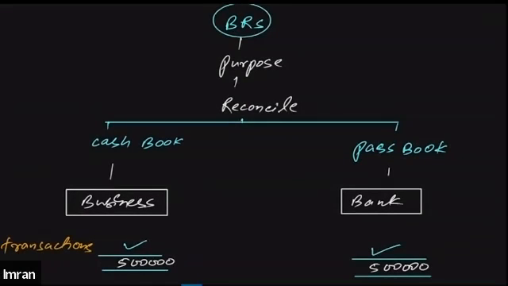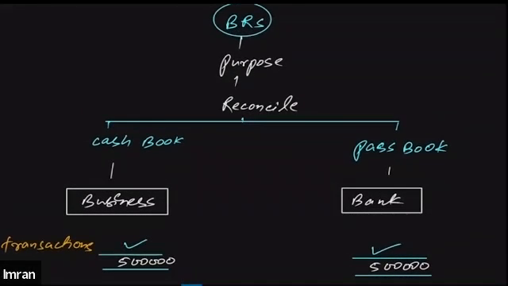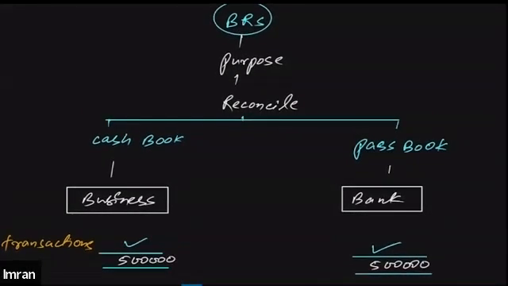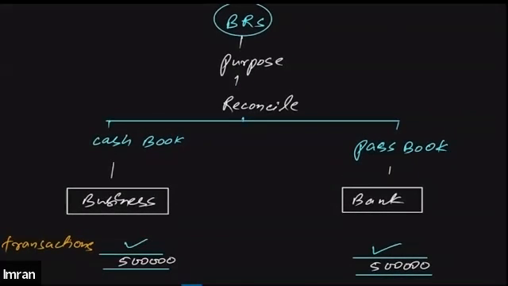Why is there a need to correct them? Because you need to ensure at the end of the month that the balance as per passbook and the balance as per cash book are the same. If they are not the same, that simply means it requires some adjustment, some reconciliation, some rectification.